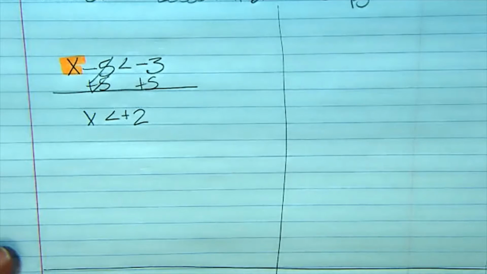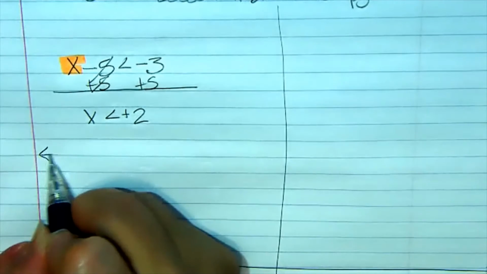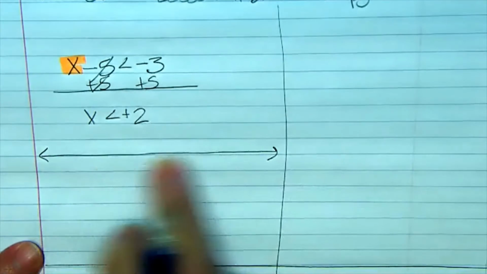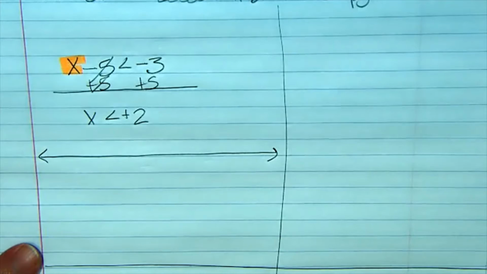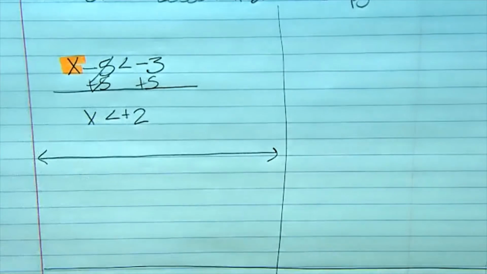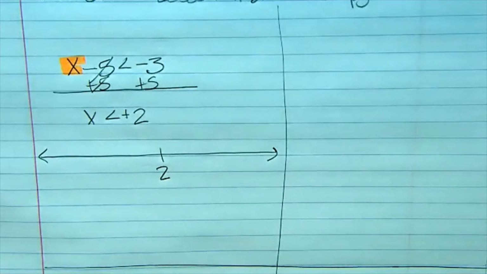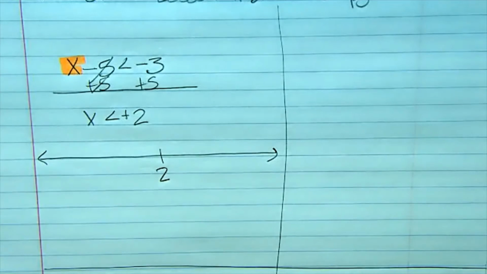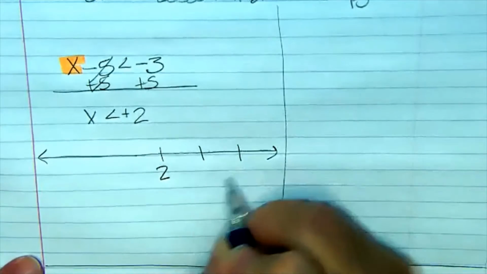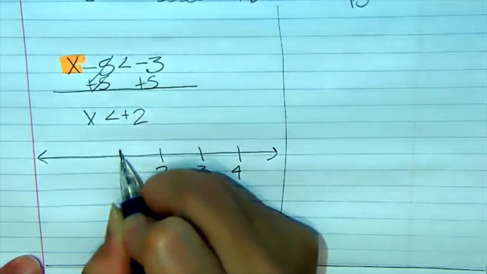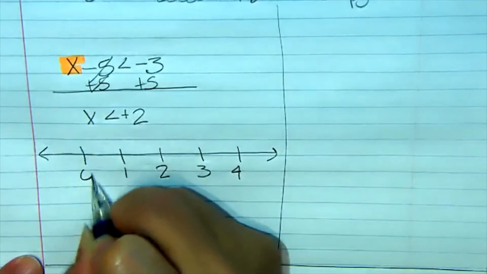Let's graph that. To graph it, the first thing I'm going to do is draw my number line. I want to put my target number in the middle, and I prefer to go 2 ticks to the right and 2 ticks to the left.